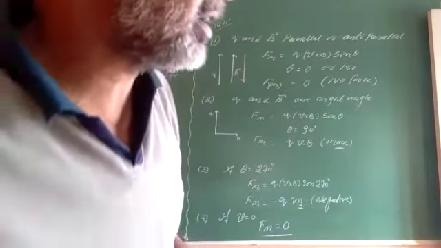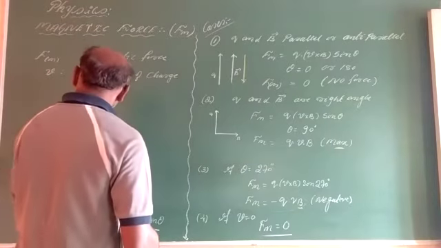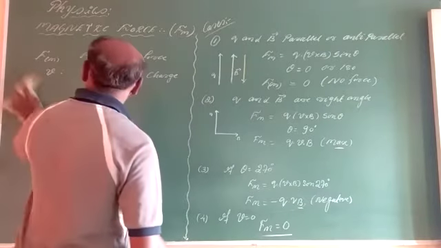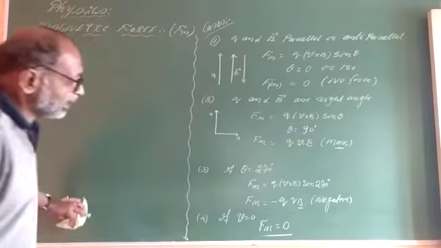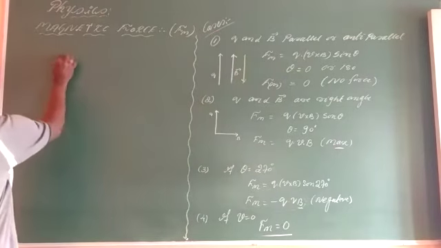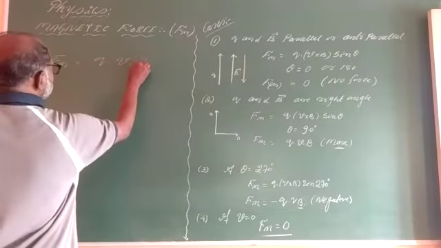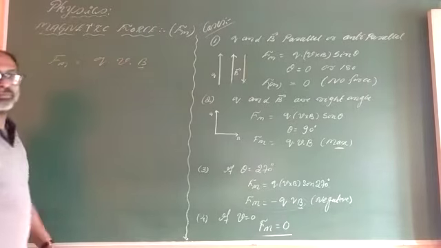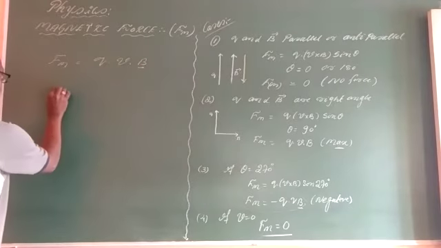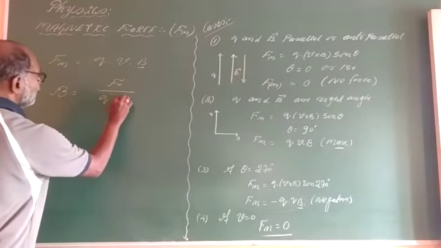Let us understand the unit of this magnetic field. You already know that F is equal to Q V B. I want B, so I can write B is equal to F divided by Q V sine theta.